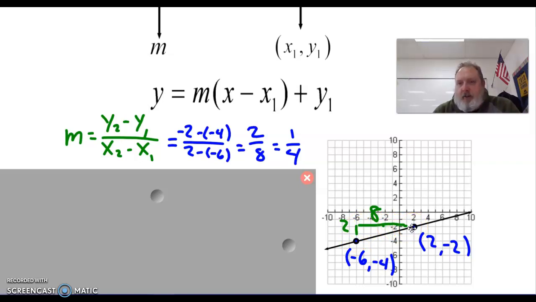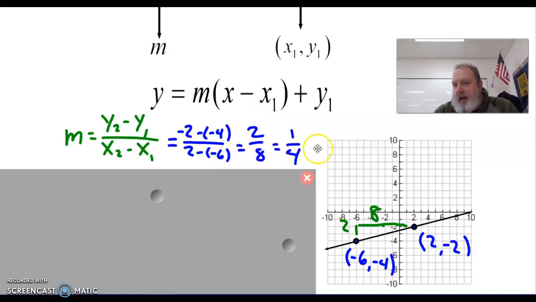So that's one way to get the slope. Or we can plug this into our slope formula here and do -2 minus -4, which is -2 plus 4 for 2. And 2 minus -6, which is really 2 plus 6 or 8. So we get 2/8 for our slope either way, and that will reduce to 1/4.